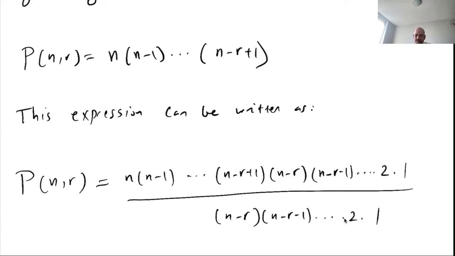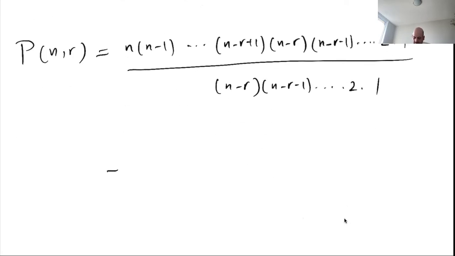Now, the numerator would be what? 1 times 2 times all the way to n. So that's equal to n factorial, right? And the denominator, 1 times 2 all the way to n minus r, is n minus r factorial.